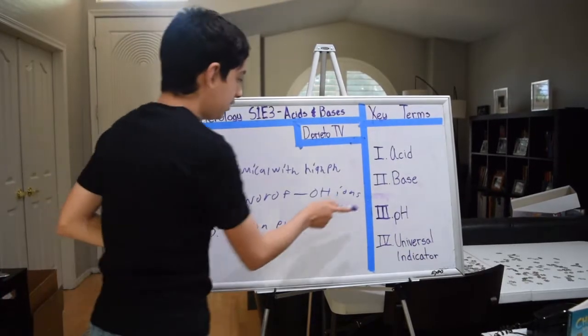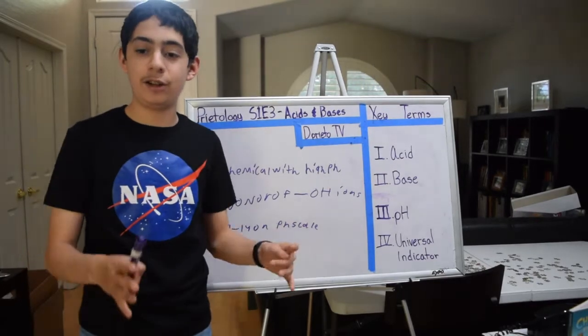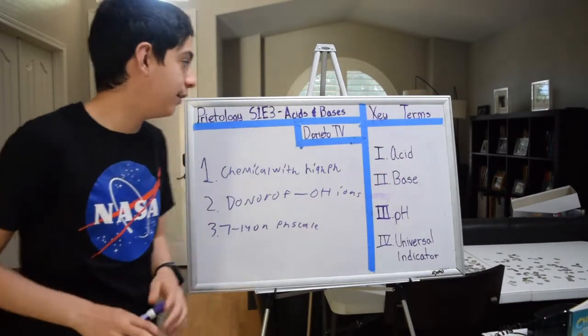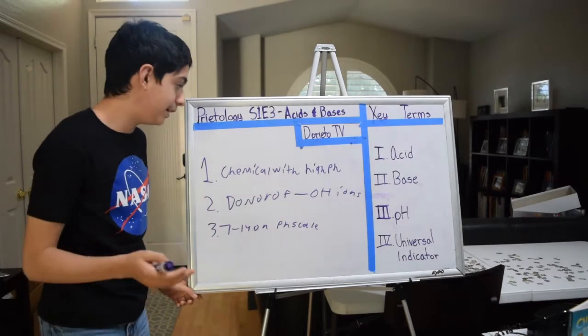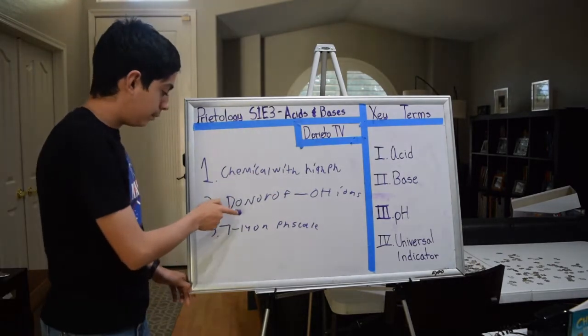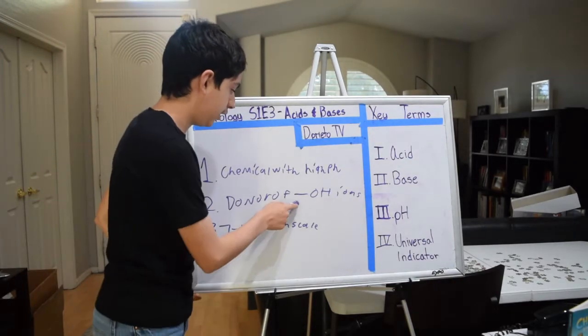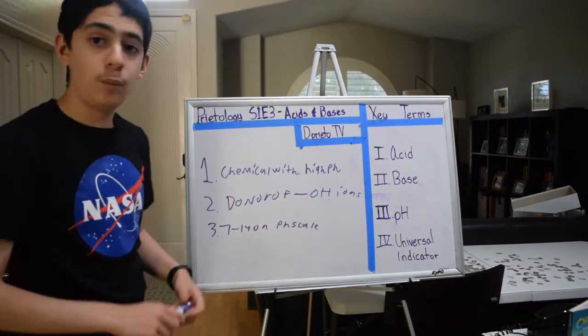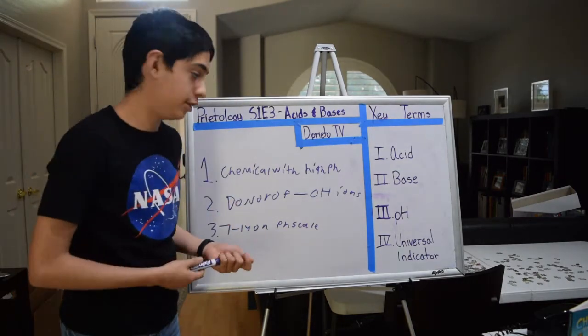Okay, so our next key term is base. Bases and acids are like polar opposites. They're completely different. Bases, unlike acids, have a high pH. Acids have a low pH. Also, bases are donors of negative hydroxide ions, which is just the OH ion, while acids are donors of positive hydrogen ions.